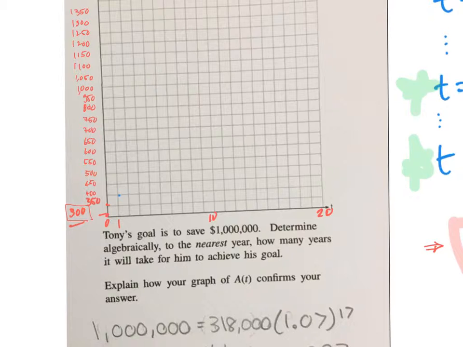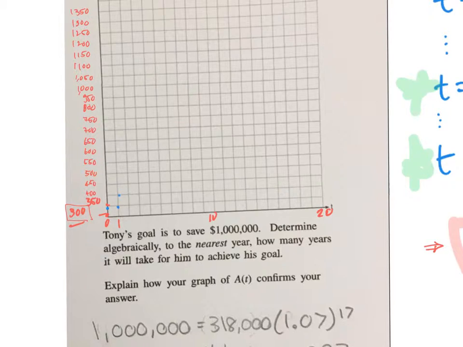So we have 0, and here would be $300,000, but we don't want that. So we want about $320,000. So it's still going to be pretty close. And after a year, it's $340,000. So it's increased a little bit, but it's not quite yet at $350,000.